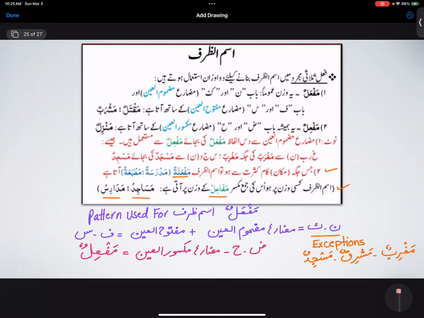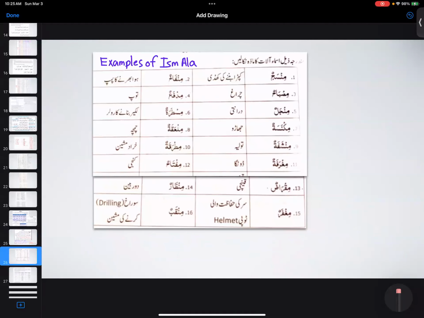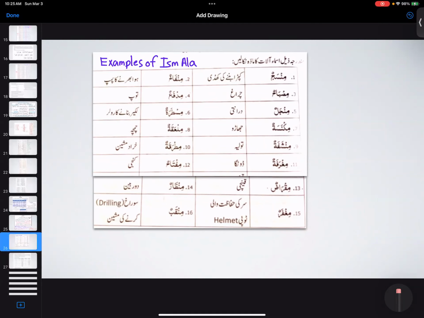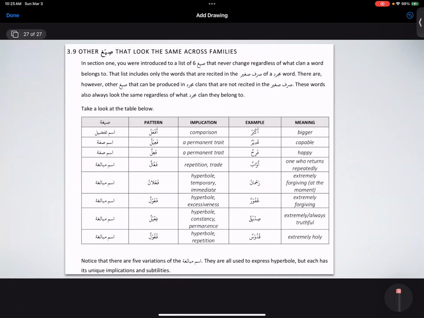Then this one I already explained, right? Alhamdulillah. And then these are some more examples of ism ala, and some other sigas we are going to find. These are special members of family 1: Ism Tafdil, Ism Sifa, which has a different pattern, then Ism Mubalagha.